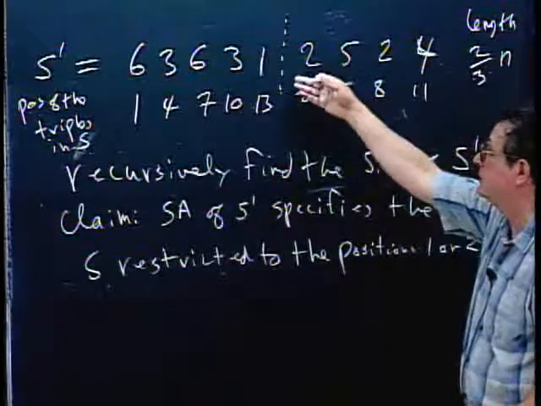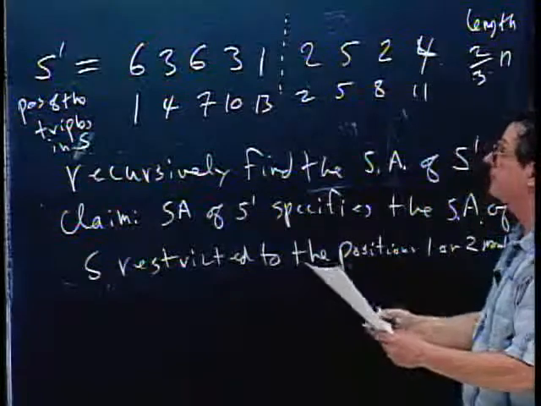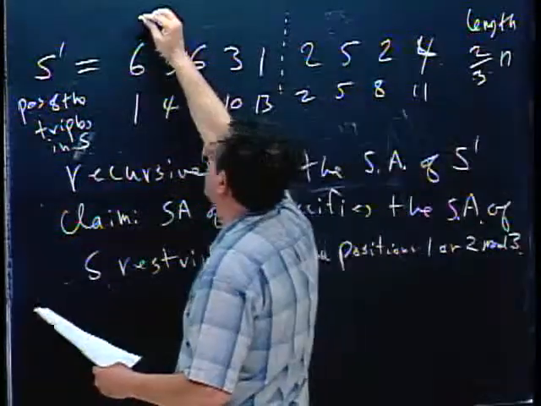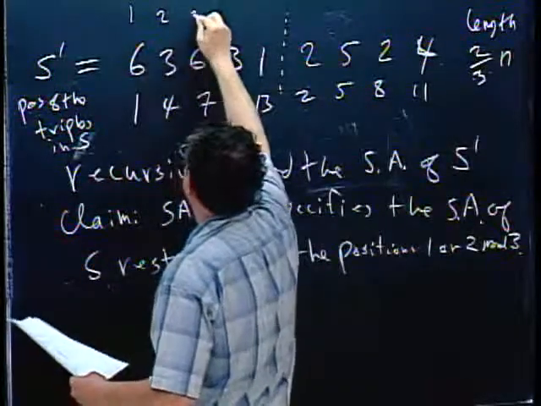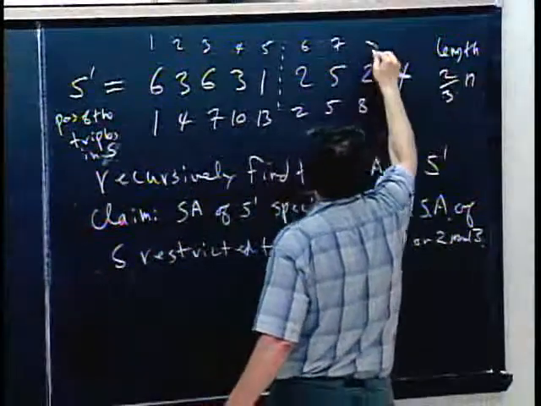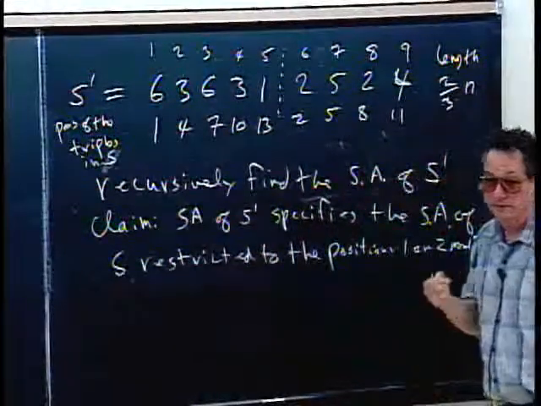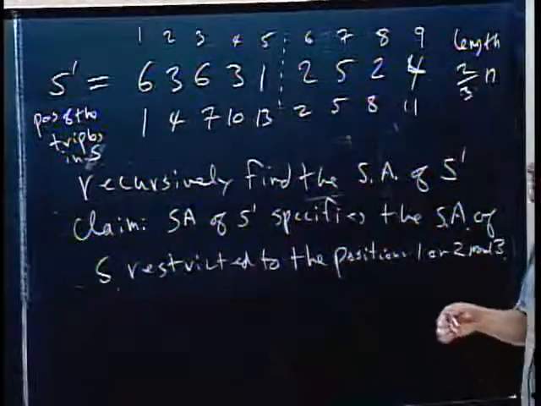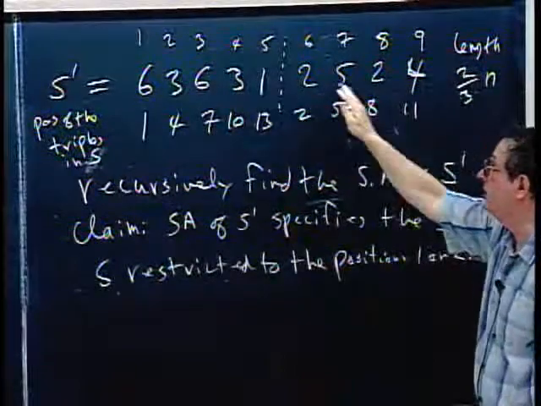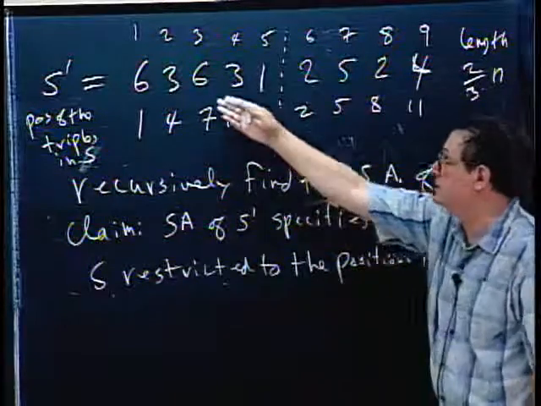So let me just write down what is the suffix array of this. Let me just write 1, 2, 3, 4, 5, 6, 7, 8, 9. Remember, a suffix array is a list of positions. What's the lexicographically smallest suffix of S prime?